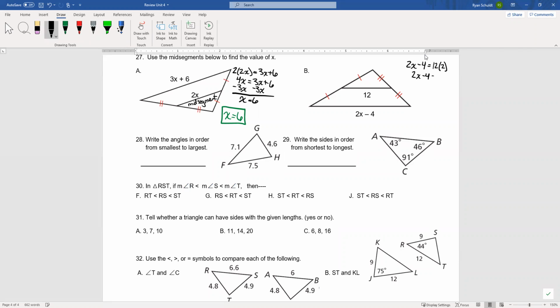So I have 2x minus 4 equals 24. I add my 4. I'm going to get 2x equals 28. Divide by 2 on both sides, I get x equals 14. So there's my x. X is 14.